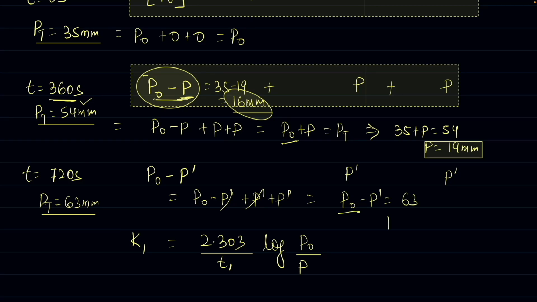P naught is 35, so P dash is equal to 63 minus 35, which is 28. Now we substitute the value here: 35 minus 28 is equal to 7 mm.